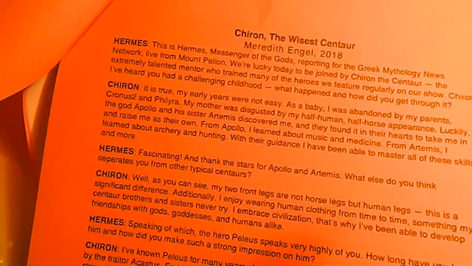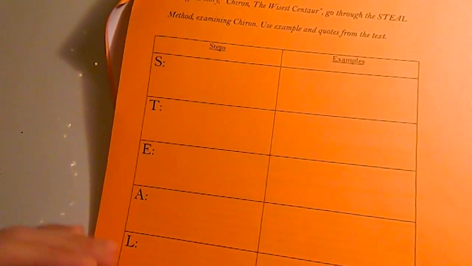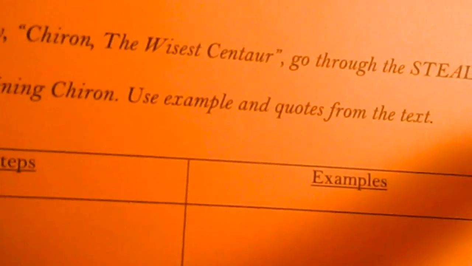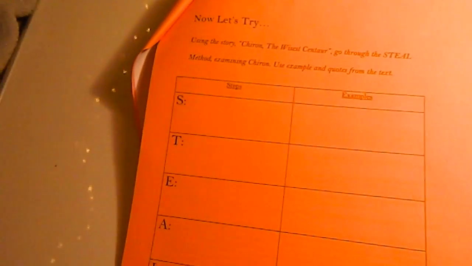We are going to read through this and create a STEAL method for Chiron. Remember to use examples and quotes from the text. And we will go over this in class next time. So you can pause it now and continue.